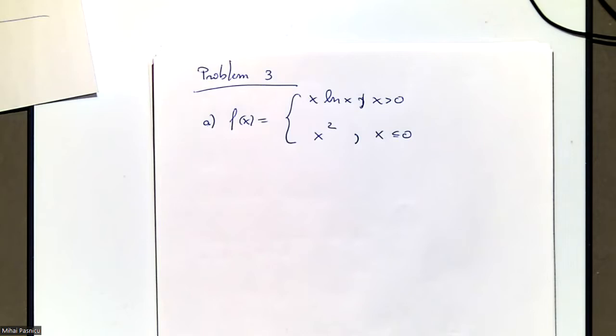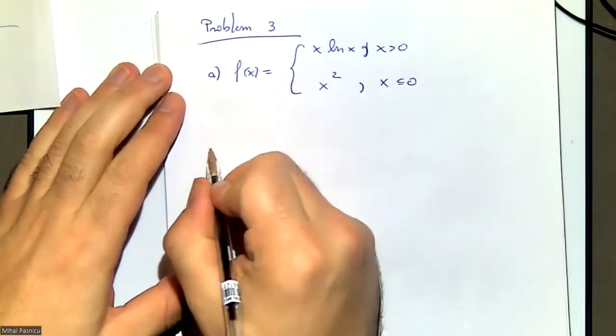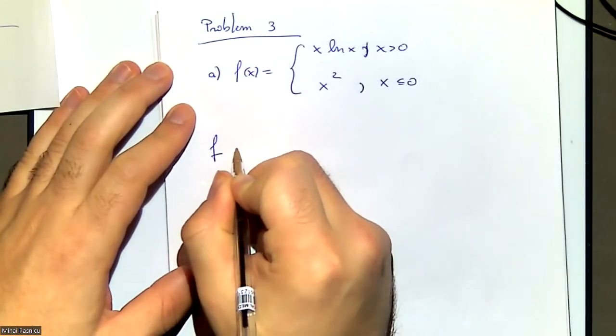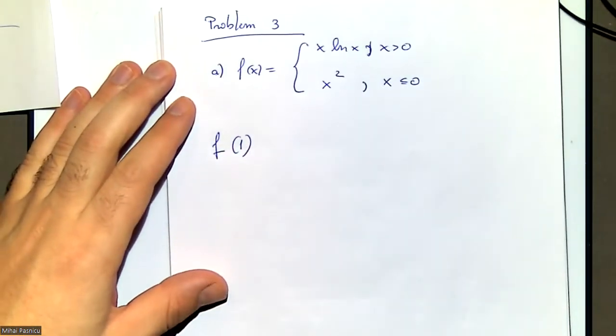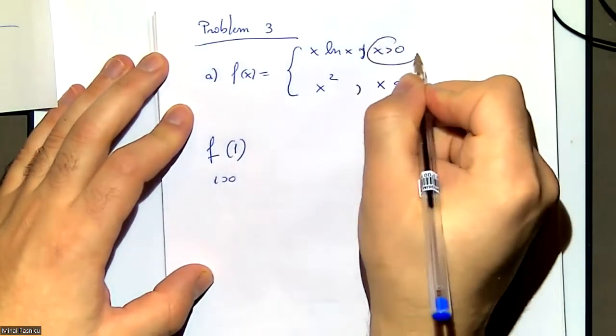Before we go into that, I would just give like 1 second to basically make sure that you understand how this function looks like. So the way you do it is, for example, you look at f of 1. Okay, if I look at f of 1, 1 is greater than 0, so I look here.